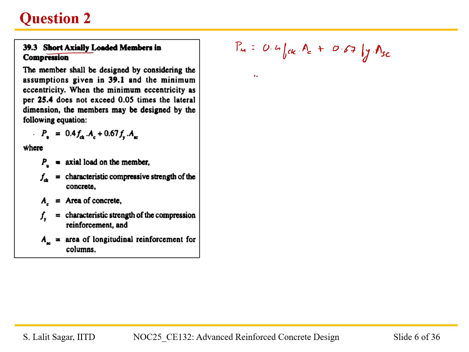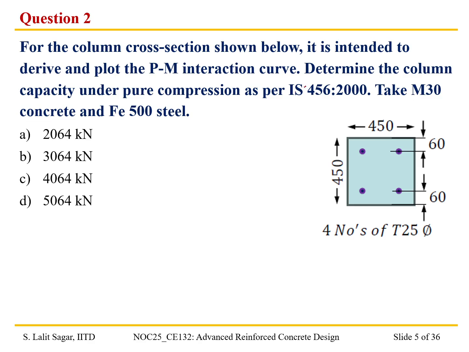So this can be written in turn as 0.4 fck into Ag, where Ag is the gross cross-section area, plus (0.67 fy minus 0.4 fck) into Asc, right? Asc is the steel in compression. So now let us look at the different parameters of the cross section.